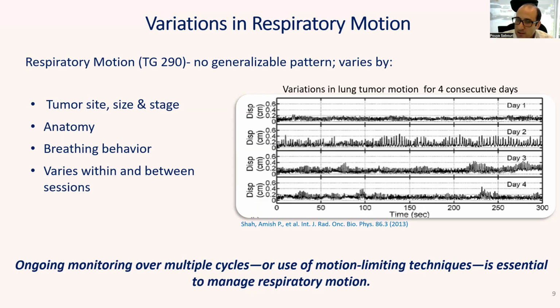Both the amplitude and the rhythm of the motion shift dynamically, underscoring how unpredictable respiratory motion can be, even under relatively stable treatment conditions. And this level of detail highlights the limitation of relying solely on pretreatment imaging and also reinforces the need for robust motion management, especially in particle therapy where range accuracy is very critical.